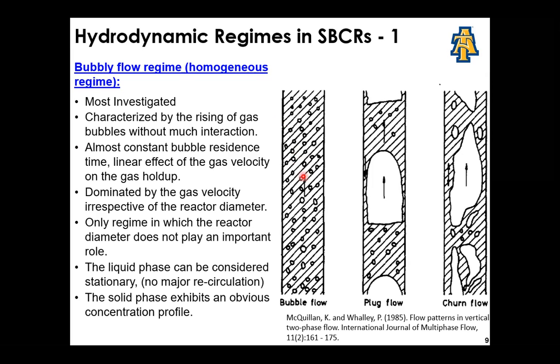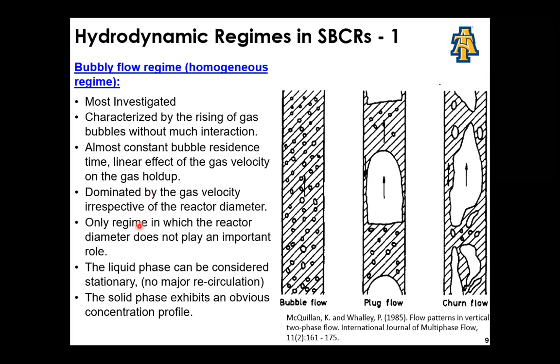It is usually characterized by uniformly sized bubbles traveling vertically with minor interactions or no oscillations, and there's practically no coalescence and breakup. By this we mean all bubbles rise up at the same time. Hence, there's a narrow bubble size distribution.